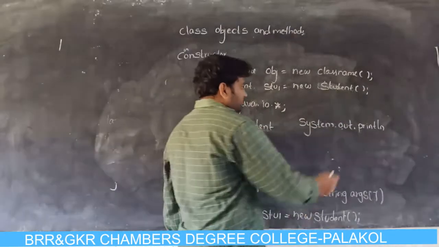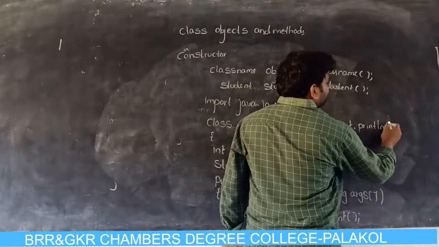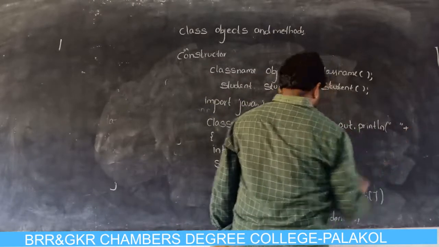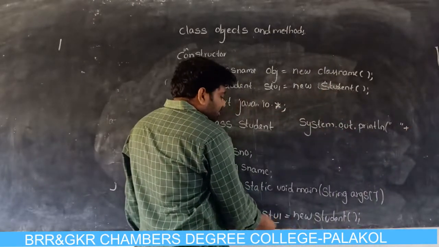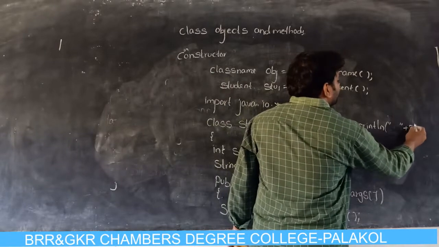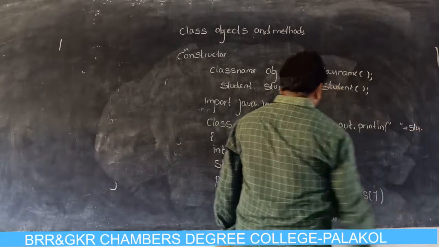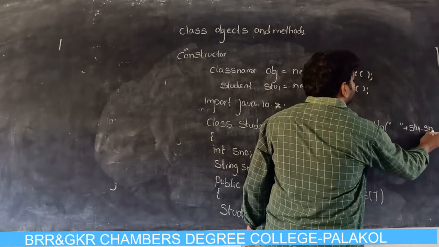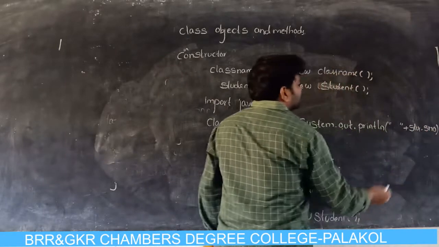Double quotation plus the object is stu1 dot, the variable is s number, semicolon.